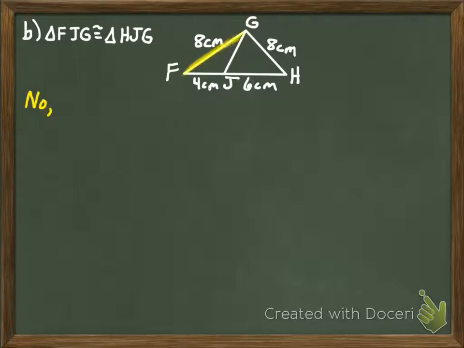Now, even though segment FG is congruent to segment HG because they're both 8 centimeters, and even though segment JG is congruent to itself, that doesn't make these two triangles congruent because the third sides of those triangles, segment FJ and segment HJ, are not congruent to one another. And if not all the sides are congruent, then two triangles cannot be congruent to one another. So our explanation is simply going to be no, because segment FJ is not congruent to segment HJ. Simple, right?